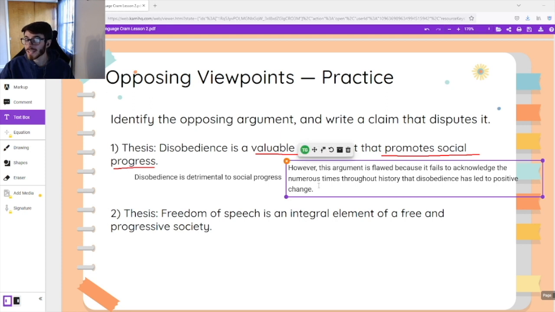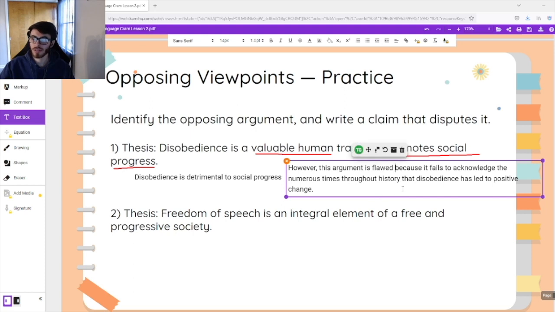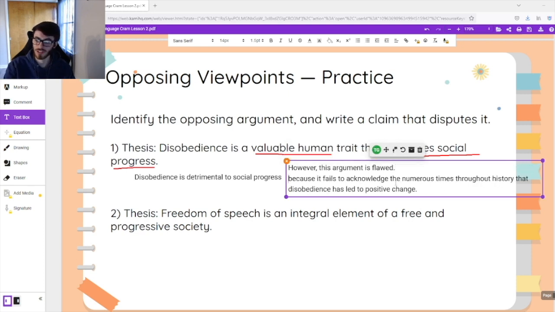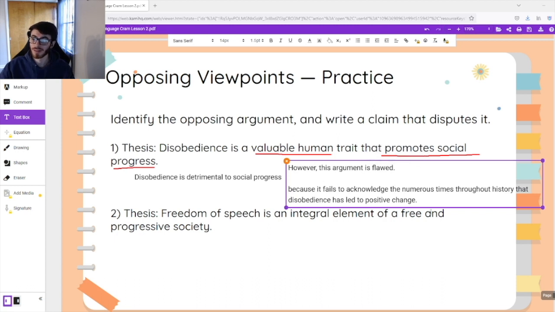Honestly, we could even make our claim more general and just say, however, this argument is flawed because it fails to acknowledge. We could even just say, honestly, however, this argument's flawed, and that could be our claim. And then this could be part of our evidence, right? We don't need to be super specific if we don't need to.